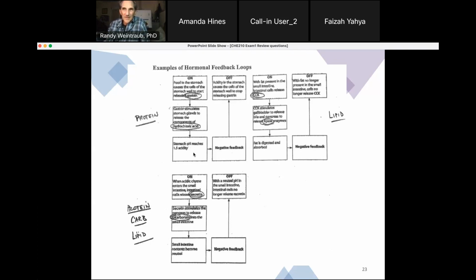But when the stomach reaches an acidity of pH 1.5, there's a trigger that shuts off the gastrin. So energy is not used for worthless purpose. You don't want the acidity of the stomach lower than 1.5, so there's a shut off. And there's a few of these mentioned in the text, the main ones.